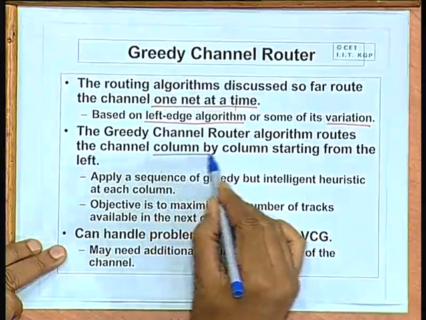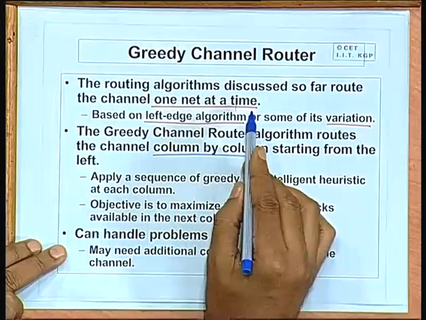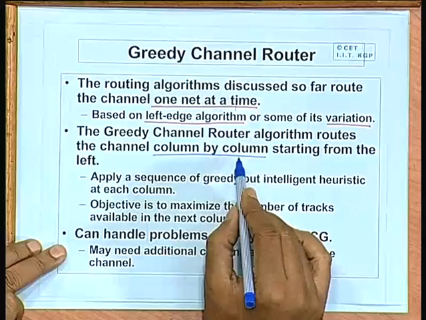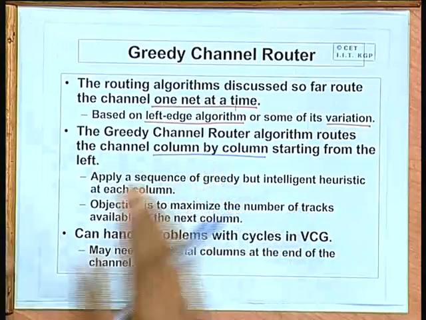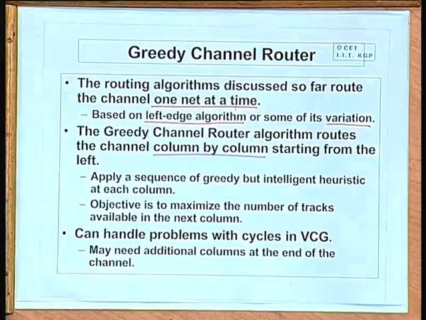So, this routes the channel column by column, not net by net. It routes multiple nets at the same time. It scans the channel column-wise and starts routing the nets all together. Whichever nets are encountered at the columns are routed all together, column by column, which means not entirely. So, each net advances one column at a time.